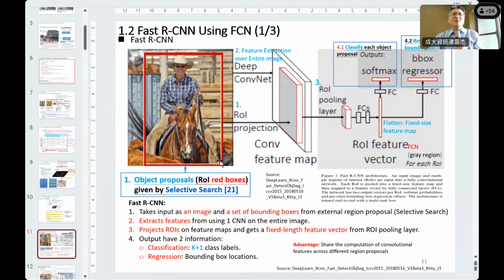So after you extract the information, you can just select the region you are interested in. We call it ROI, region of interest. ROI means your detection result. Okay, so I say again, you do the encoder over the entire image, so here I have many feature maps.